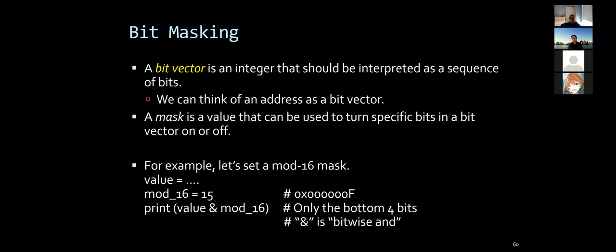That's what you do. You look at the address and treat it as a sequence of bits. And the mask is the value that can be used to turn specific bits in a vector on and off. So for example, if I know that I only have 4 blocks in my cache, it means there are only 4 potential locations for each 4-byte value to be stored in the cache.